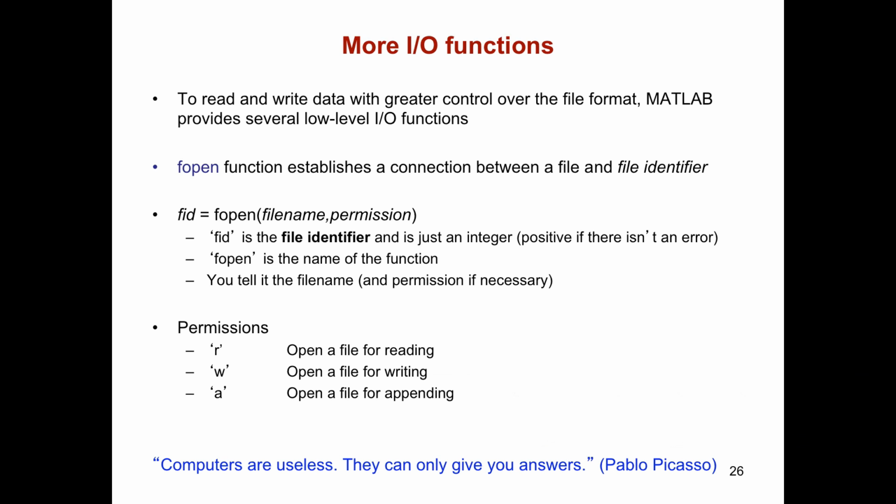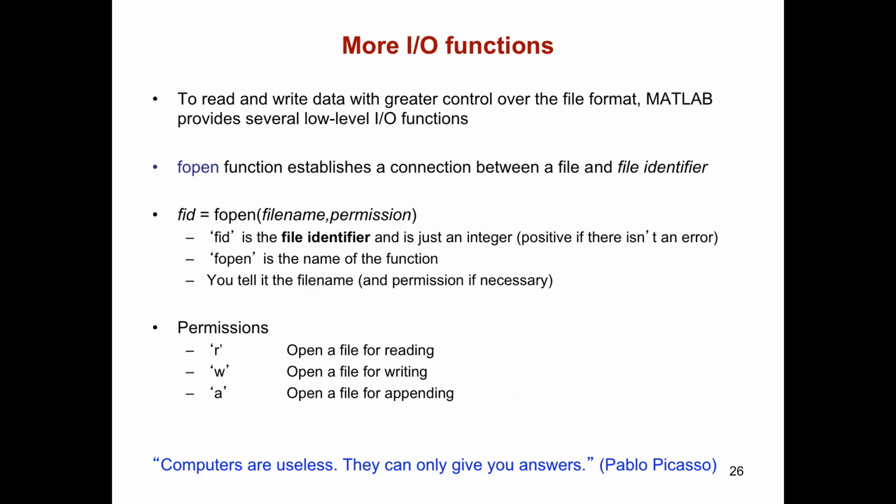Okay. The essential command that tells Matlab, go to this piece of memory where my names of files are, really memory addresses. Okay. Go to it, and go to the beginning of the file and be ready for reading or writing or doing something with the file. The command that does that is fopen.